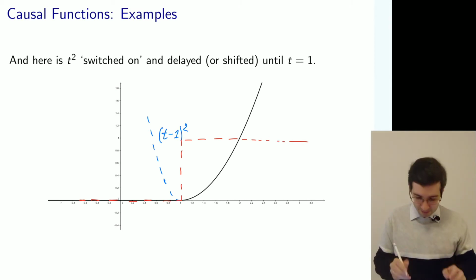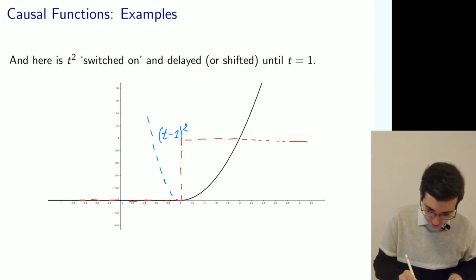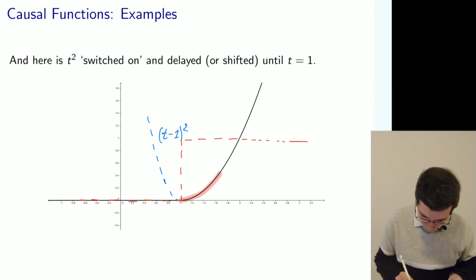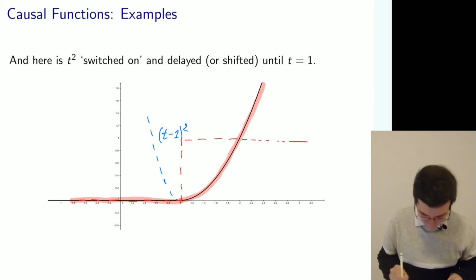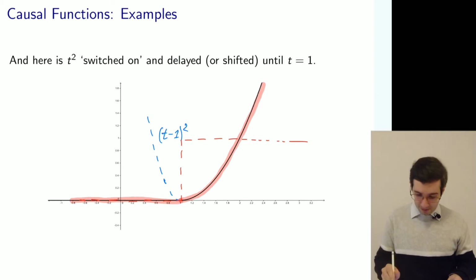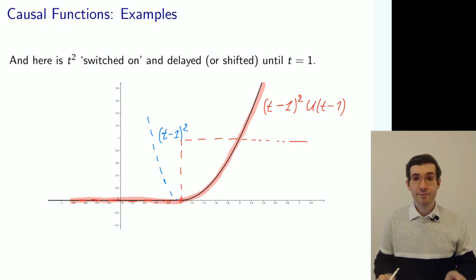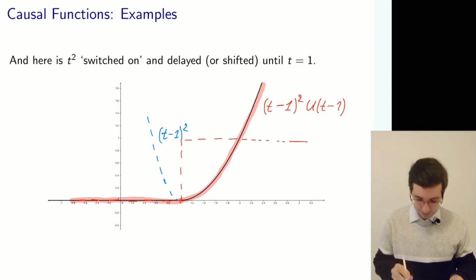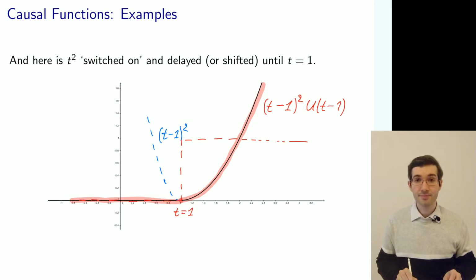And if you multiply these two functions, you will get that function. And that will be described by (t minus 1) squared times the unit step function u(t minus 1). So again, it's shifted to the position 1. Let's move on.